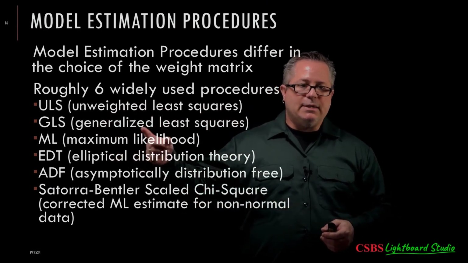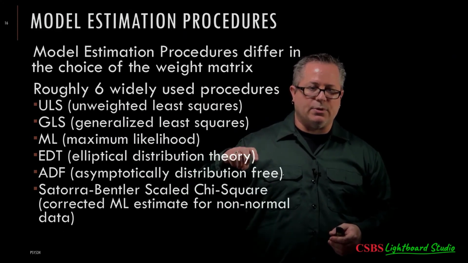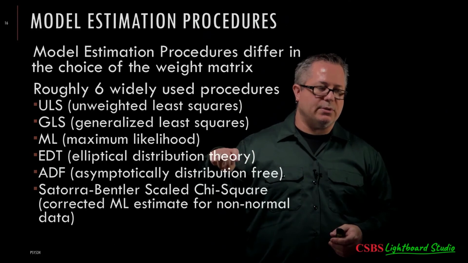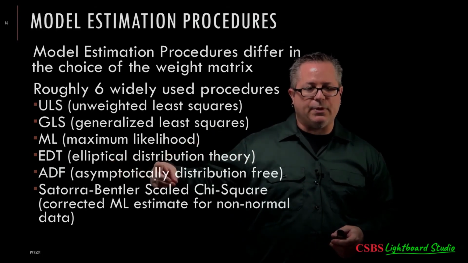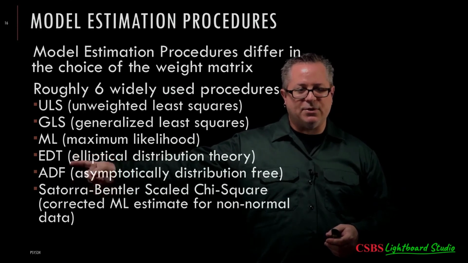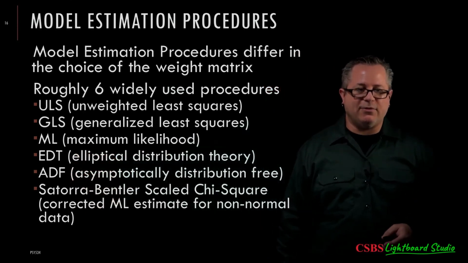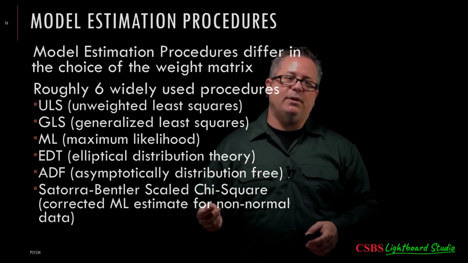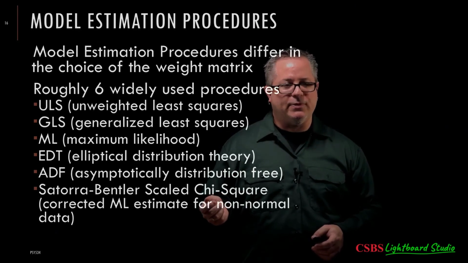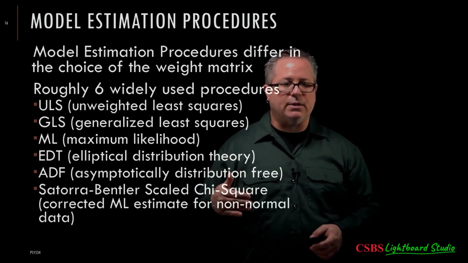You have generalized least squares, which goes back, similar to least squares regression. It's more generalized least squares. Maximum likelihood. There are these other crazy-sounding ones: the elliptical distribution free and the asymptotically distribution free, which are supposed to be almost like non-parametric equivalents, where we're trying to estimate this process without assuming normal distribution and those kinds of things.